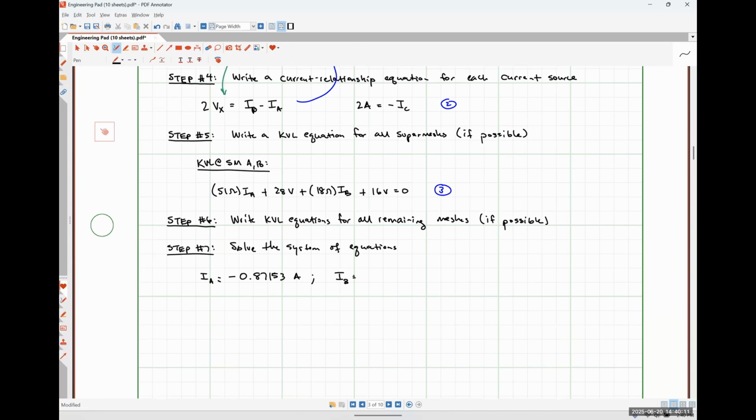IB is positive 0.02490 amps. And IC is negative 2 amps. So if anybody was following along with their calculator, did you get a similar result? Yes, sir. Good deal. Okay.